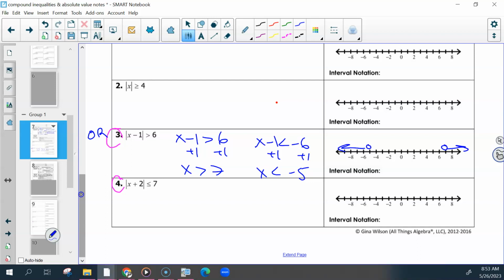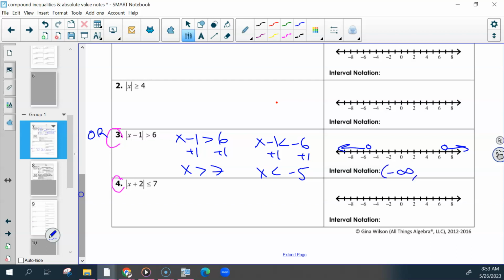So the interval notation, where would this start if it keeps going to the left? If this kept going, what would be the starting point? Negative infinity.